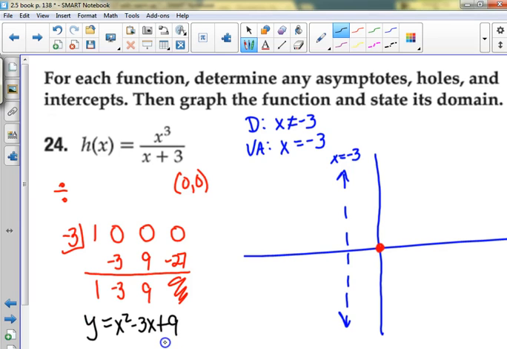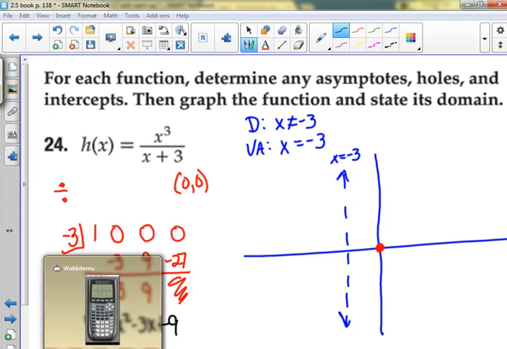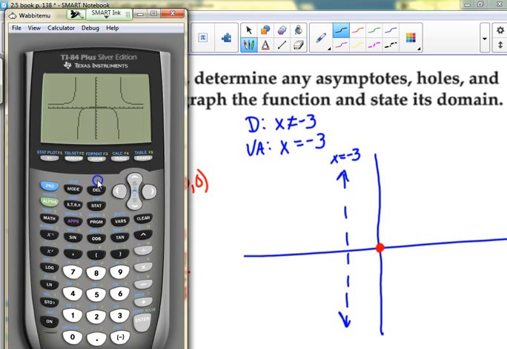Okay. Which is a parabola that crosses the y up here at 9. Let's just look at the graph. Okay. It didn't have any holes. So all we have left to do is graph. What was it, guys? An x cubed?